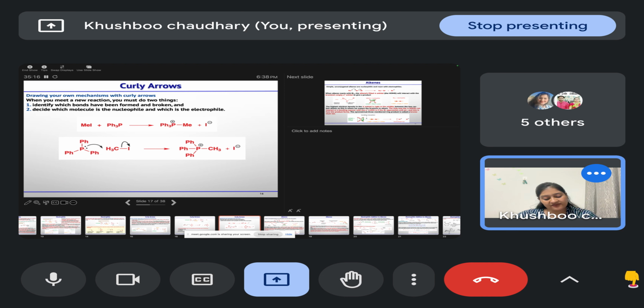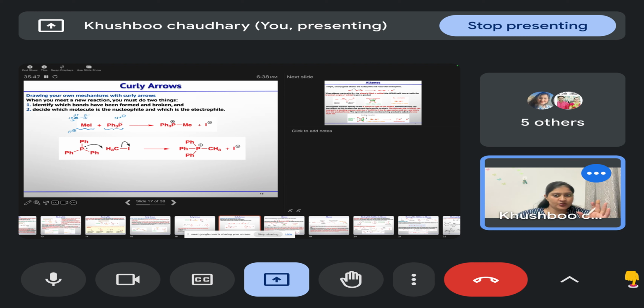For example, if we are treating methyl iodide with triphenyl phosphine, then as we know, phosphorus having a lone pair of electrons will act as nucleophile here, and methyl iodide, having an electronegativity difference between the iodine and carbon, will have a dipole in this molecule. So this partially positively charged carbon will act as the electrophile here.